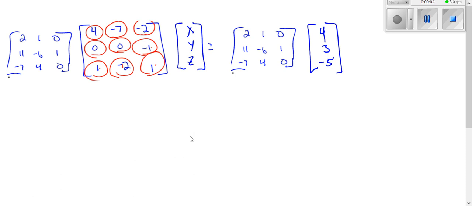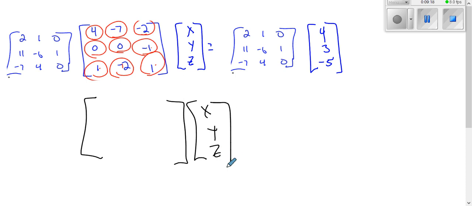I don't know if you remember how to multiply these, but to find the answers, a 3 by 3 times a 3 by 3 is going to give you a 3 by 3. And this 3 by 3 times this 3 by 1 is going to give you a 3 by 1.